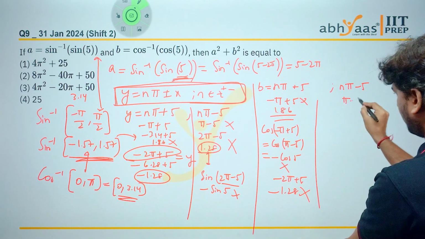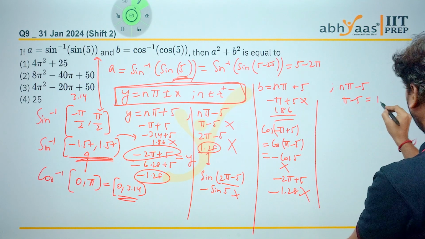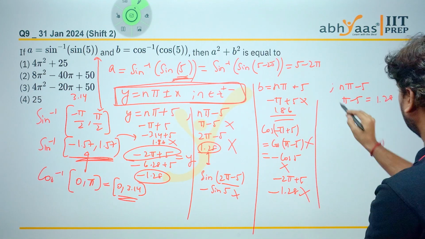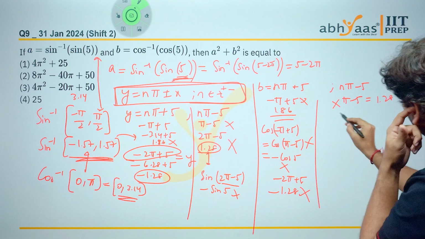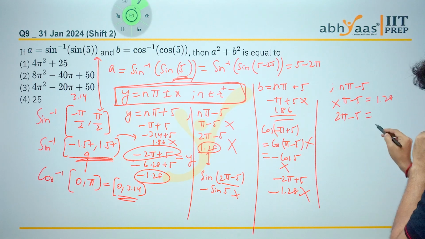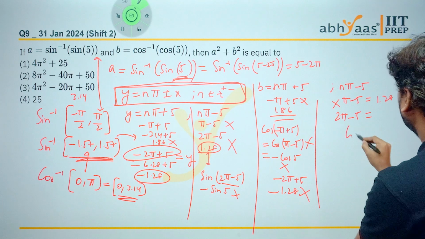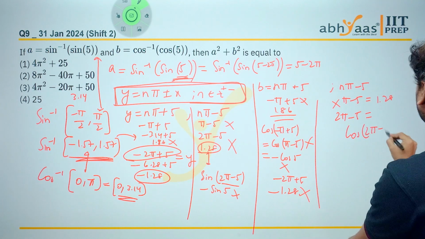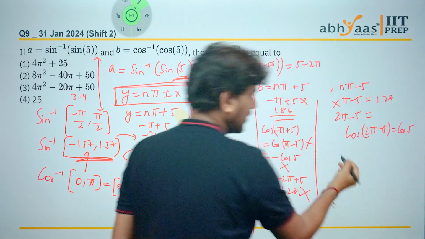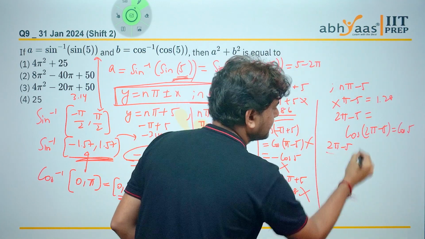That is pi minus 5, which equals 1.28. This and this are not possible. So we were having 2 pi minus 5. Cos of 2 pi minus theta is cos theta, so this is our answer. It is 2 pi minus 5.